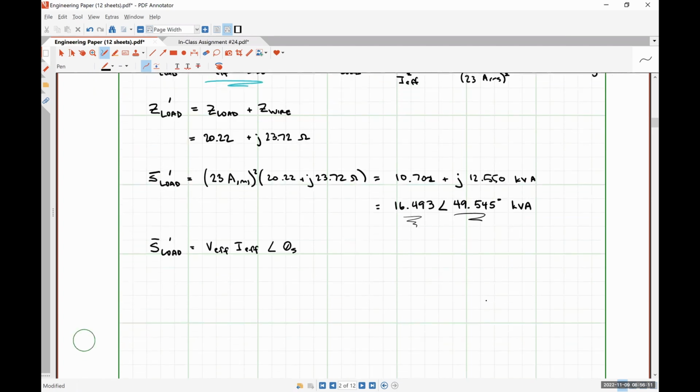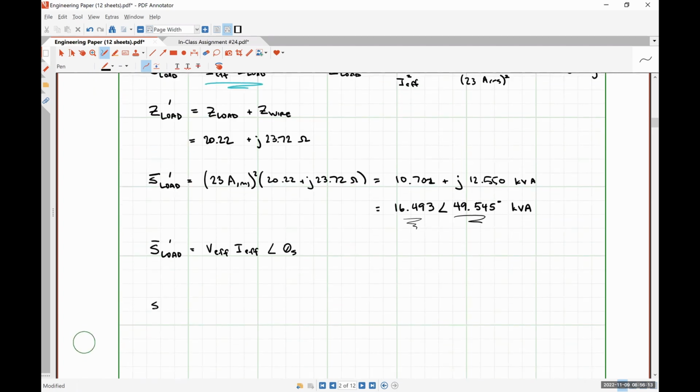What I was going to do is use S load prime must be equal to V effective squared divided by Z load prime conjugate. And that should wind up giving us the exact same result either way, I believe. So let's just verify that for the sake of argument.